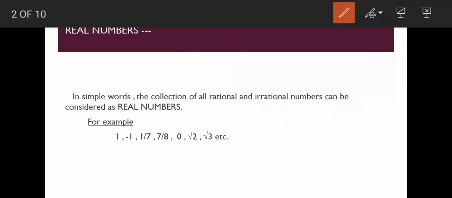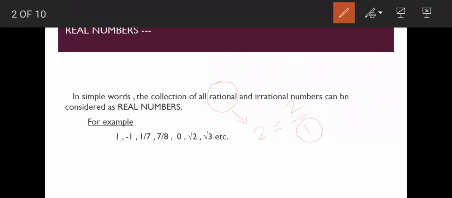Now, when there is a question of integers, do these integers belong to this category of rational numbers? Let us check. Suppose an integer 2 we are considering. So 2 can be expressed in the form 2 by 1. Yes or no?